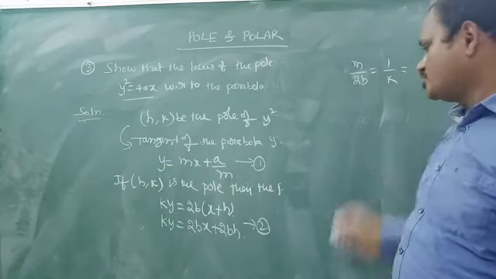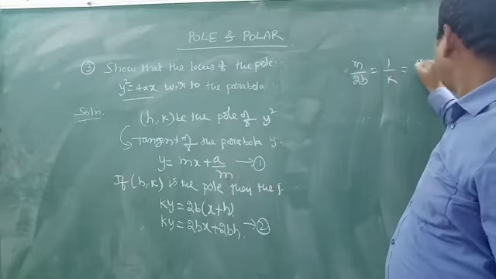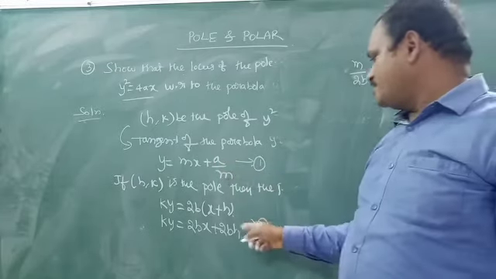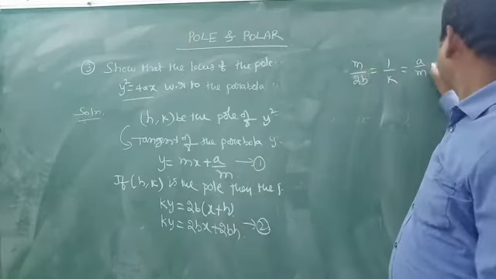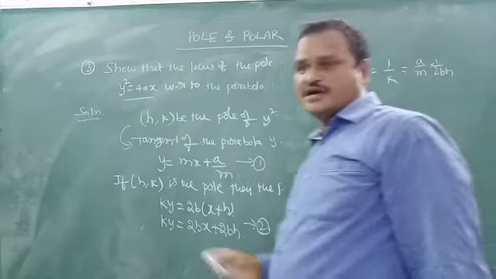This is equal to a by m by 2bh. We are going to have it like this, right, my dear students?